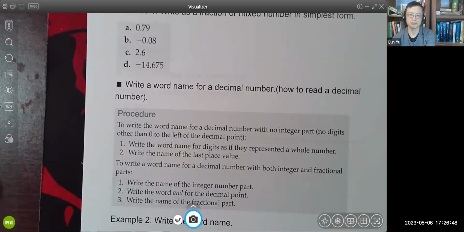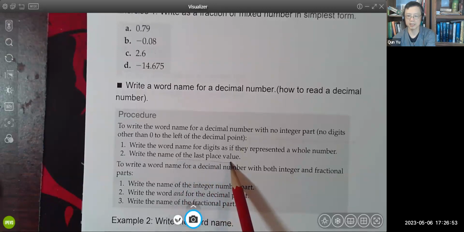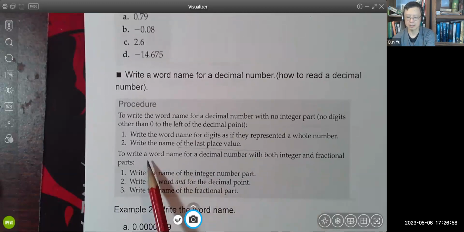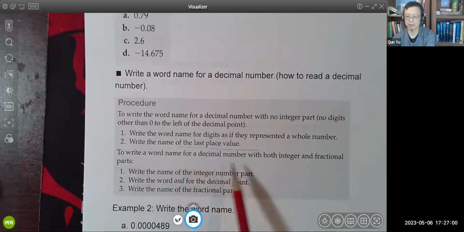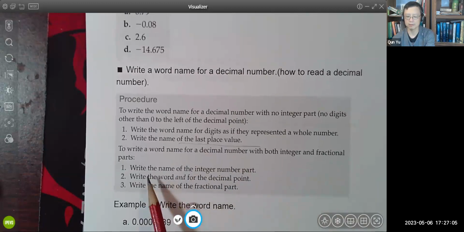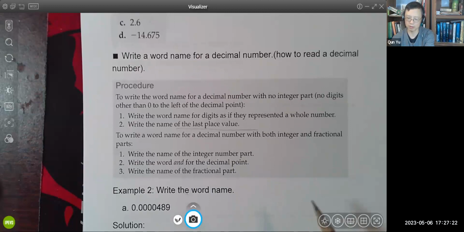And then you finish your reading with the name of the last place value. In case you have a typical decimal number where you have a whole number part and also a decimal part, then you first read the whole number part as a whole number. And then you read the decimal part as a whole number, and then you finish your reading with the last place value, just like you read the pure decimal part.